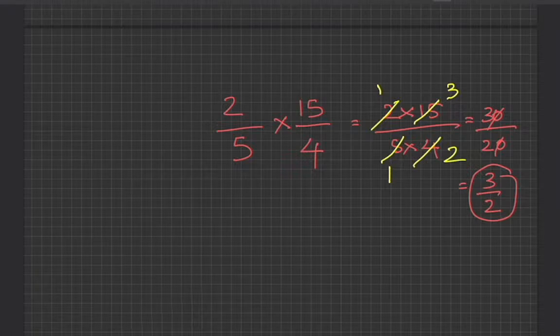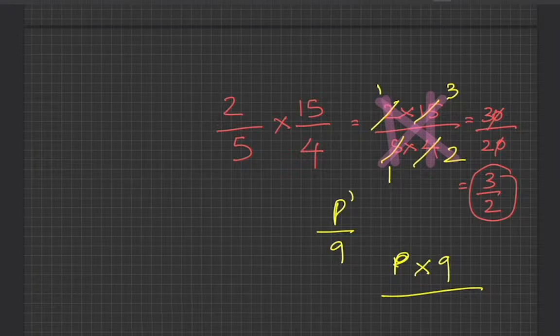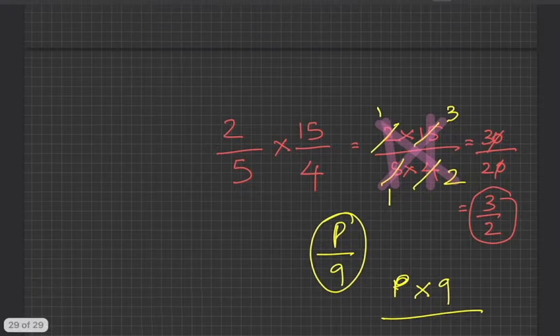So we can only divide diagonally, or cancel out this way, because the division sign, remember, it is P by Q. So we can only divide this way. We multiply this way. We divide this way. This is the notation, P by Q or P times Q.